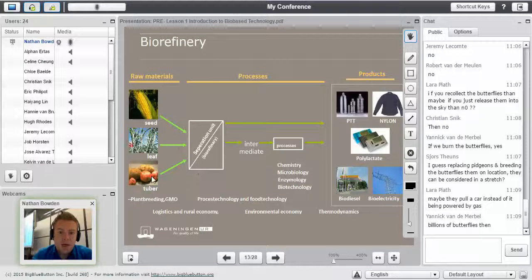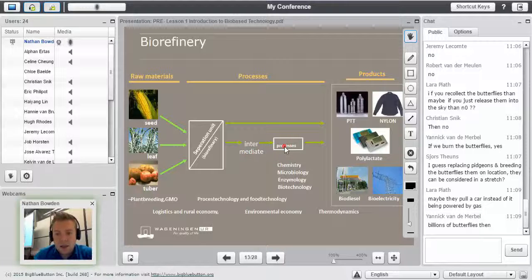And biorefining, now we're going into that prism that we showed earlier. You can take raw materials and you can boost them by plant breeding or genetic modification. You process it by separating it into different units. You have an intermediate unit, so now you no longer have a raw material, but you have an intermediate material.